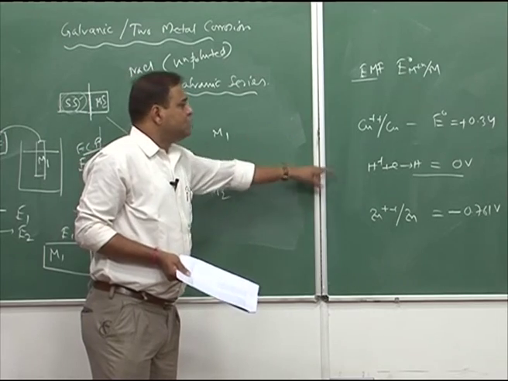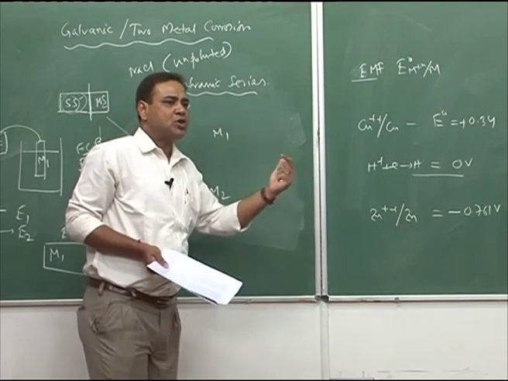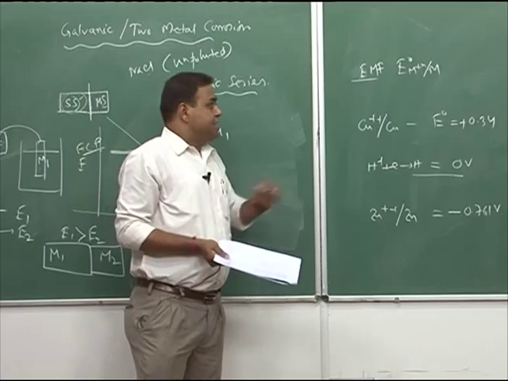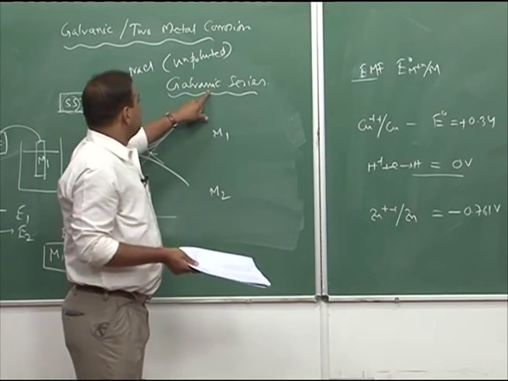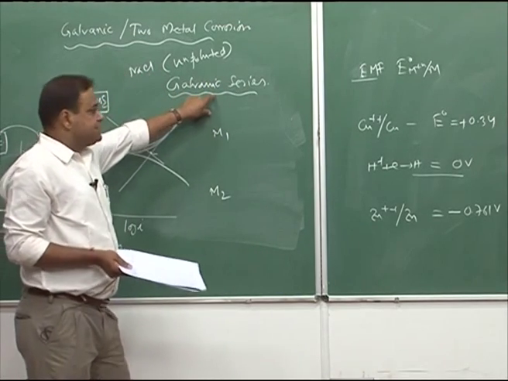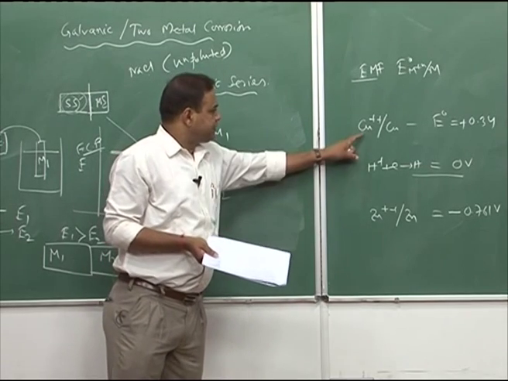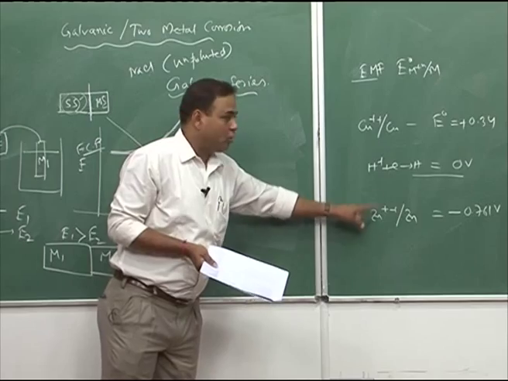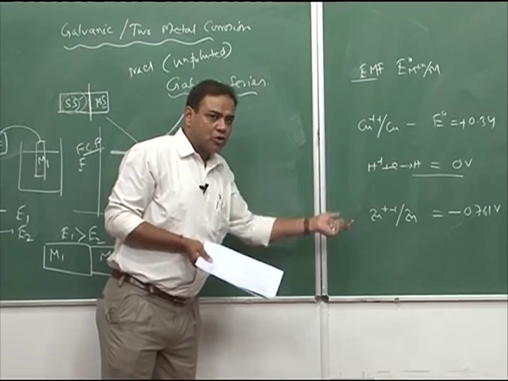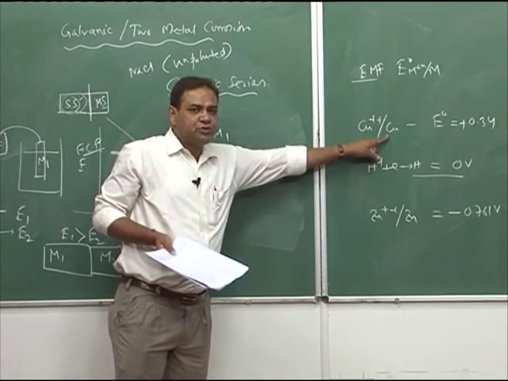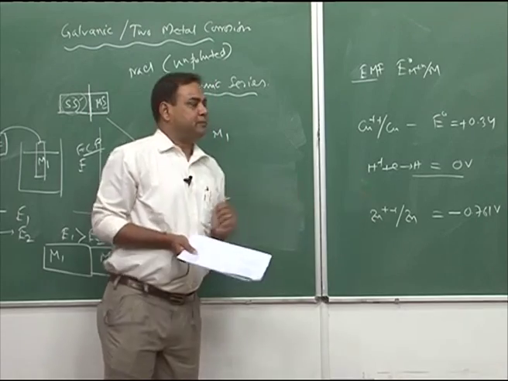So, how to get some idea which one would corrode and which one would not corrode? That would be given by the galvanic series. This can give you the idea if those are pure, and if we club copper and zinc, copper would definitely not corrode, rather copper deposition will happen and zinc would corrode.